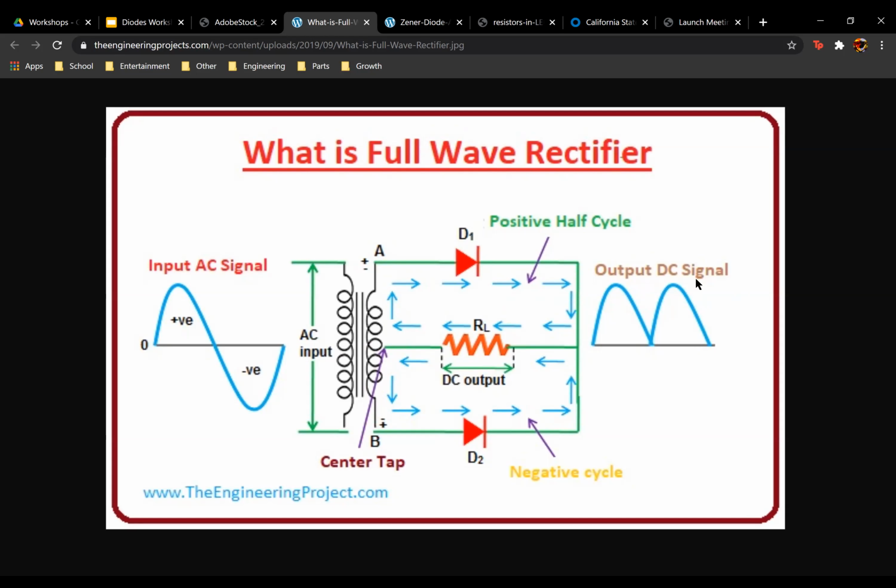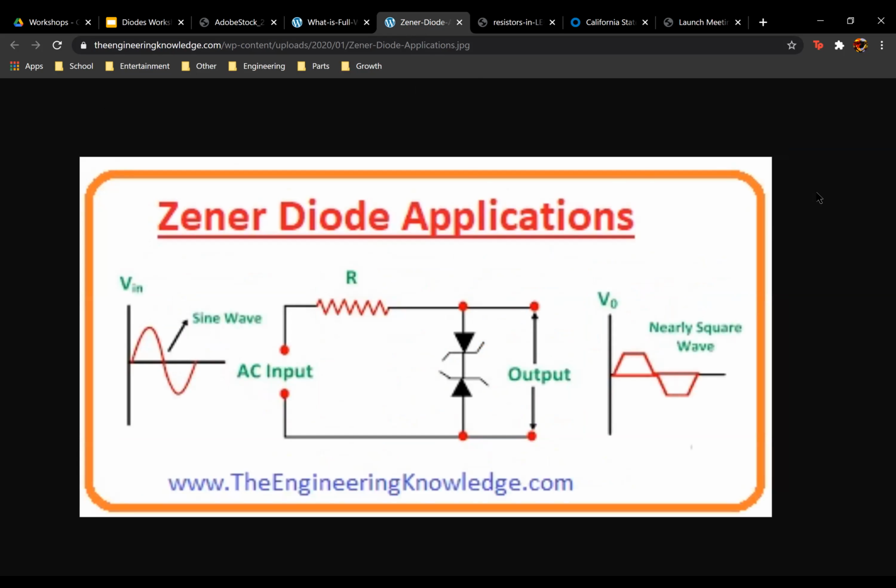The next one we have is our Zener diode application. With the Zener diode, as you can see, there's a sinusoidal input. If you check out the output, you can see how it cuts off at the top and on the bottom. That's called clamping. We're going to talk about why it's clamping like that.